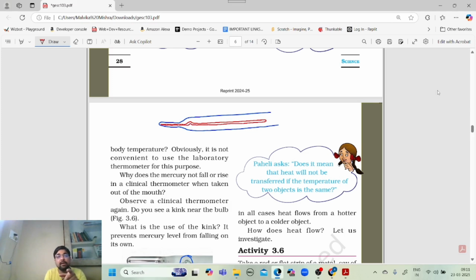Inside this capillary is contained what? That mercury. So this is a capillary tube inside the glass tube. See, this turn is provided in this capillary. This is known as a kink, and this prevents your mercury level from falling on its own.